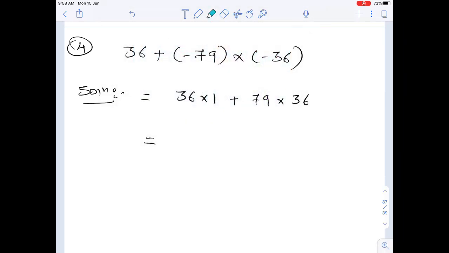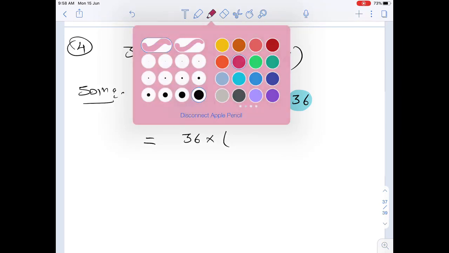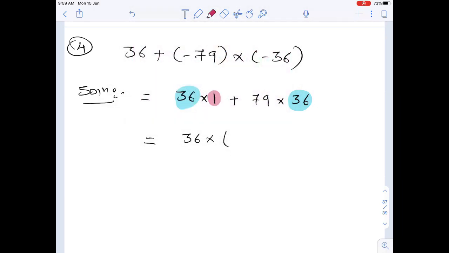So what is common? It can be seen that here 36 is present and here also 36 is present, so that 36 we will write outside the bracket into, now inside the bracket, what will you get? Come on, you have to look at it. Inside the bracket we have plus 1 and plus 79.